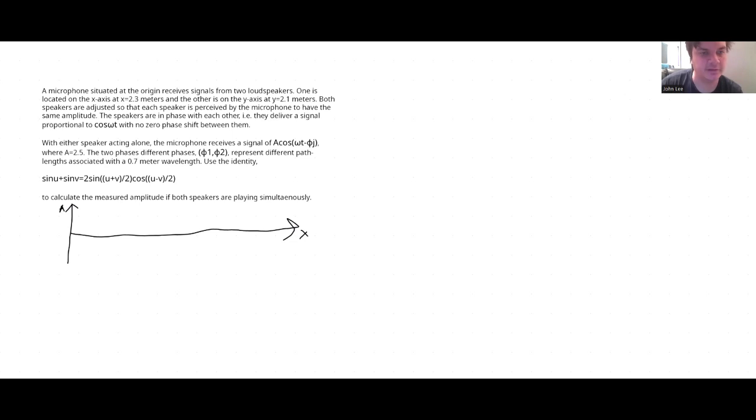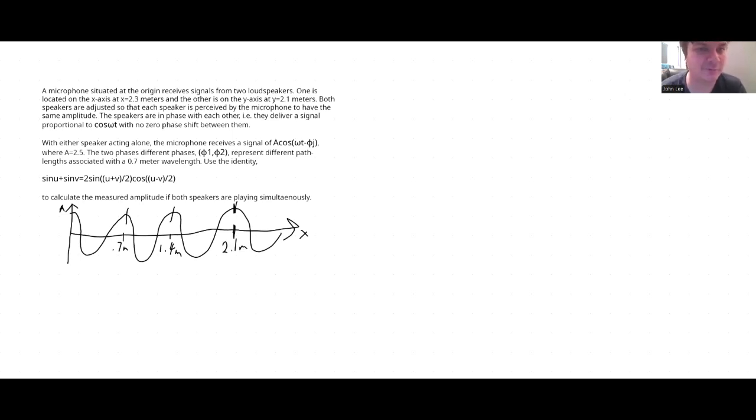So one, two, three, and then a little bit more. Once every wavelength the wave repeats, and the phase difference between your initial omega t and your omega t minus phi is going to depend on how far away you are from one of these peaks. So at 0.7, 1.4 meters, and 2.1 meters, there is no phase difference.